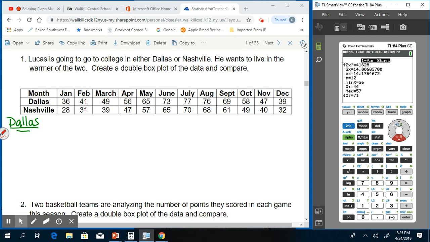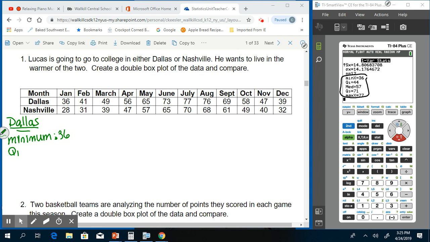If I scroll down, I have my minimum value all the way to my maximum value. Those numbers there are the measures of variation. So our minimum is 36. Our quartile 1 is 44.